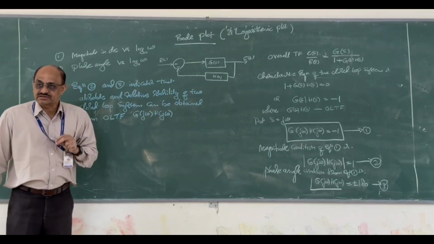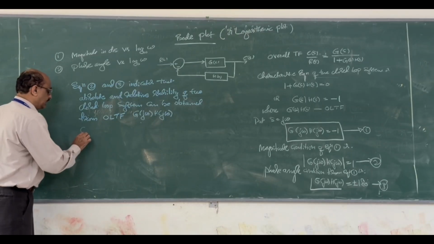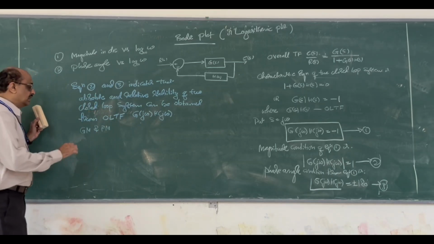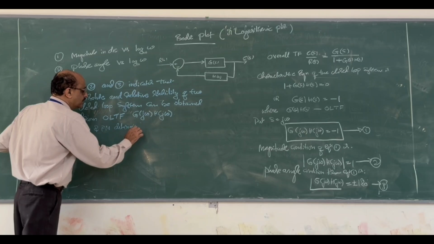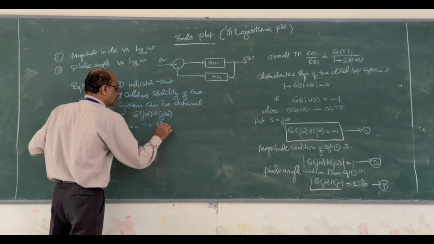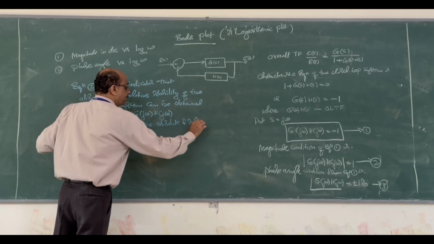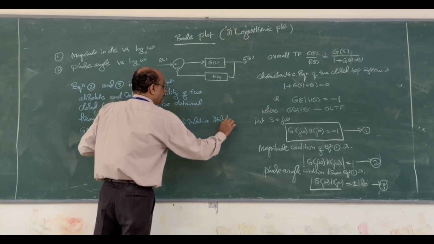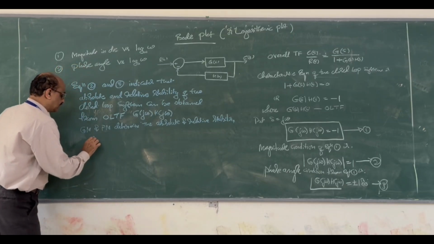Among the frequency domain specifications, especially two factors, gain margin and phase margin, determine the absolute and relative stability of the closed loop system.